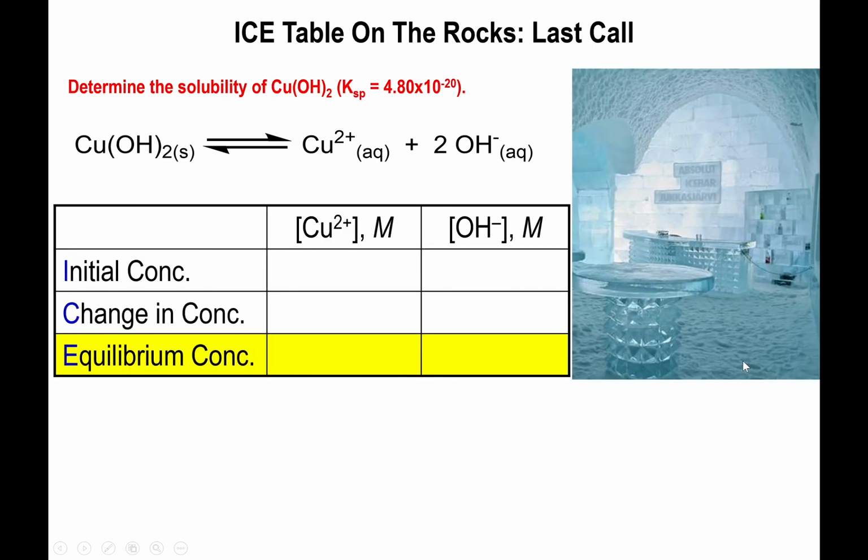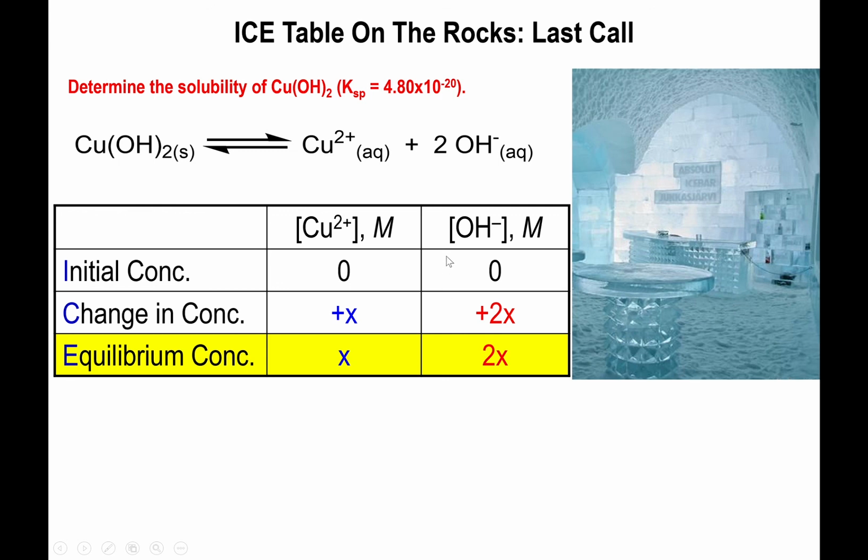So when you set up your ice table, the initial concentrations are 0. The change for copper will be plus x, but the change for hydroxide is going to be plus 2x because now you have a coefficient of 2. So for every 1 copper that you produce, you ought to be producing 2 hydroxides, and that's represented by the x and the 2x. So adding up these two rows gives you x as the equilibrium concentration for copper and 2x for hydroxide.